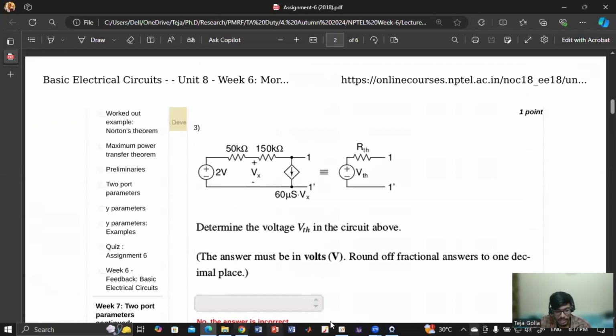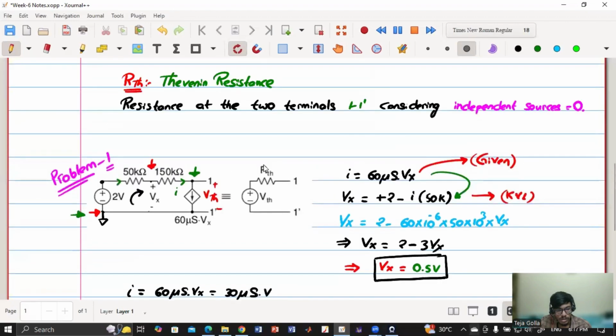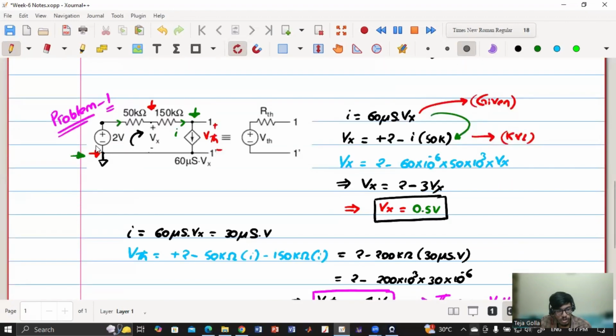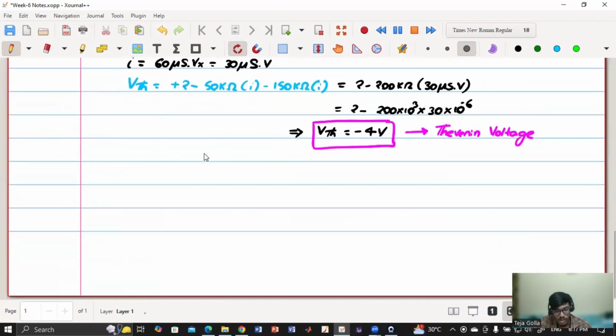How will I find RTH? RTH is found by considering independent sources to be zero. So I'll short this because it's a voltage source, and everything remains the same. Let us redraw it to calculate the Thevenin resistance. There is one 50 kilo, one 150 kilo, and one current source in the downward direction.